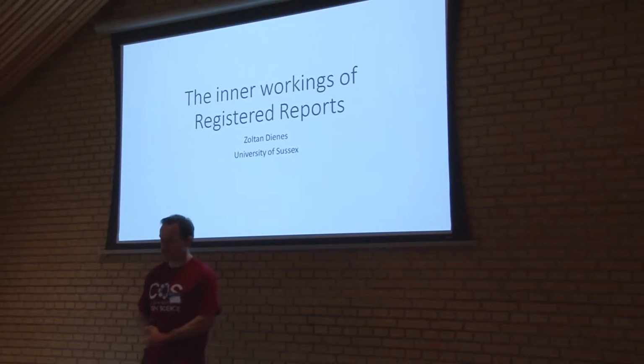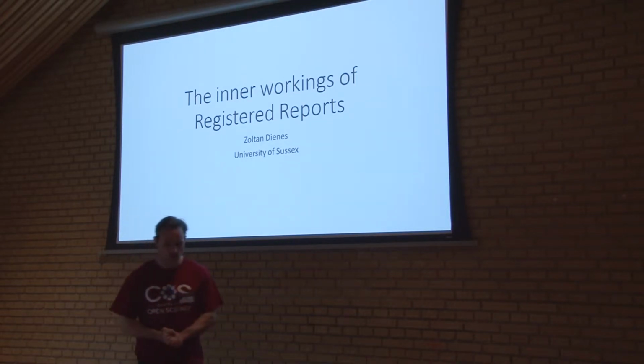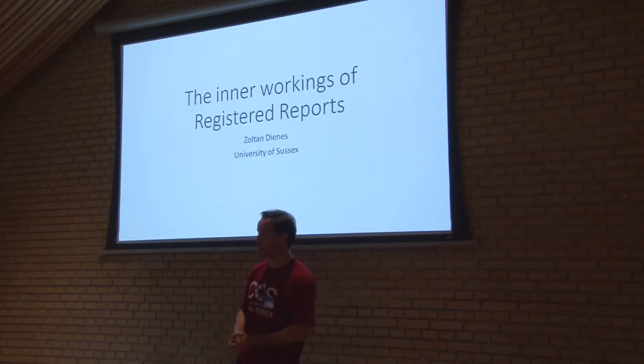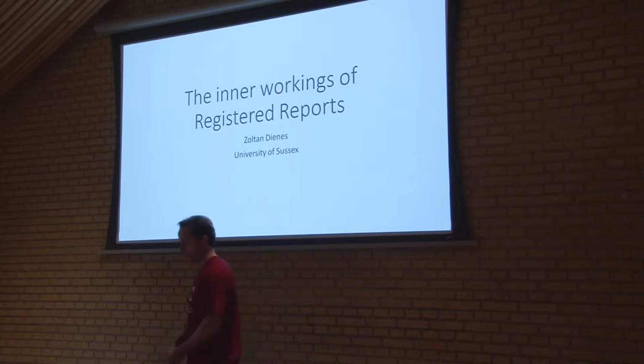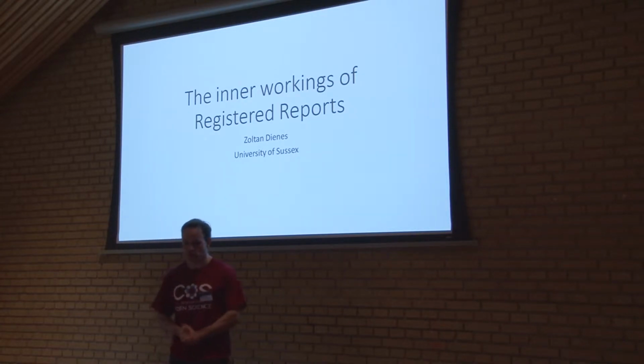So in registered reports, you submit your paper before you've collected the data, so it has an introduction section, method section, and your planned analyses, and they're meant to be planned in sufficient detail that there's no wiggle room afterwards, that you've tied your hands in terms of certain analyses that will test the key hypotheses that you're interested in.